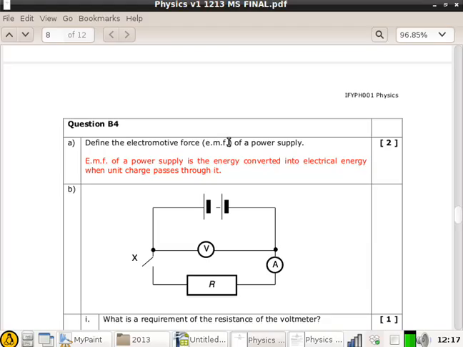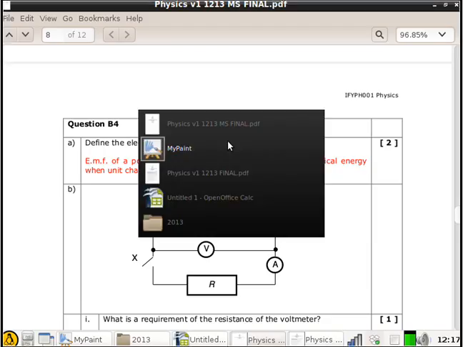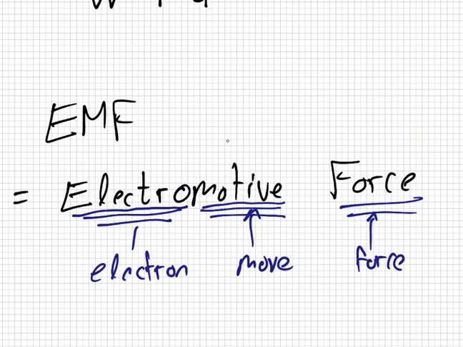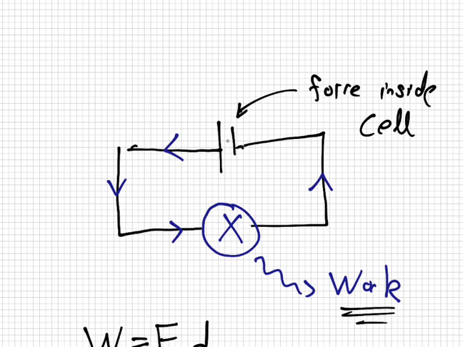Okay? Now, if you go back to my picture here, what is the work that's being done here? The light bulb, isn't it? That's the work that's being done. And where's this work coming from? The battery.